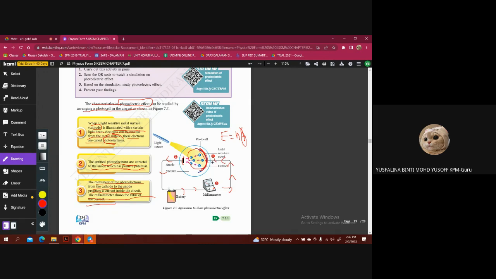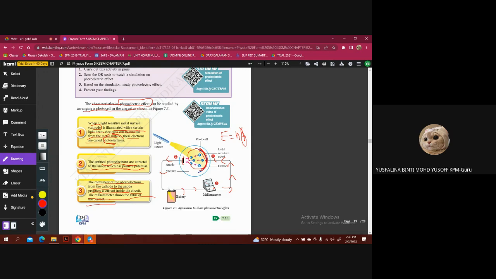Then you will say, but teacher, the milliammeter shows the opposite, right? It should be the same, because the flow of electrons is from here to here, but yours shows the opposite way. This one is actually the same as what I think we learned in the chapter on induced current.